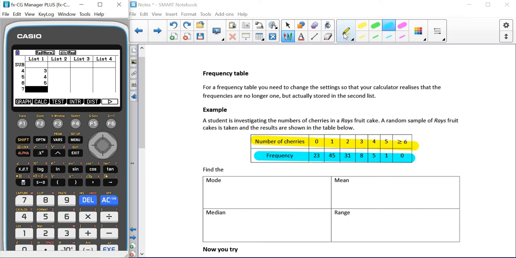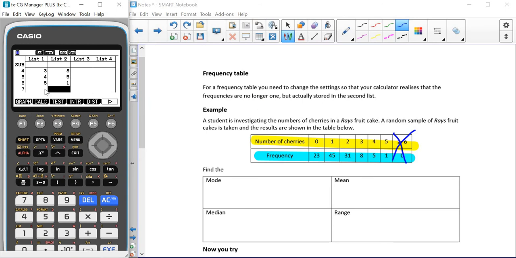Luckily, however, the frequencies for that are 0, which means that we can actually just ignore this end column altogether and just treat it as the number of cherries being from 0 up to 5. If we click across into our second list, remember we're going to put our frequencies in here. So that's 23, 45, 31, 8, 5, and 1.